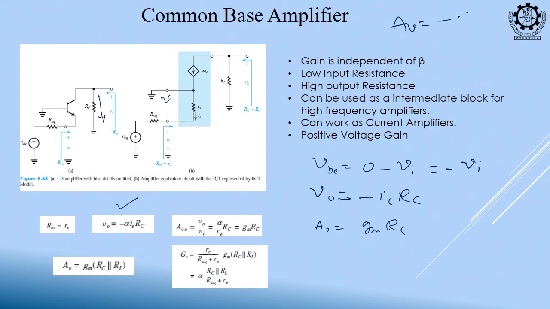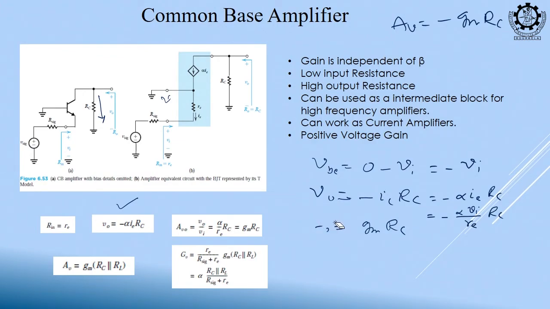AV is equal to minus GM RC. So, this will also give you the same expression, but with a positive sign. So, you see this IC, we are writing in terms of alpha IE RC. What is my IE? IE is alpha Vi by RE.